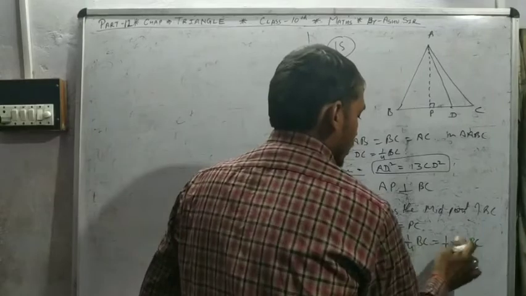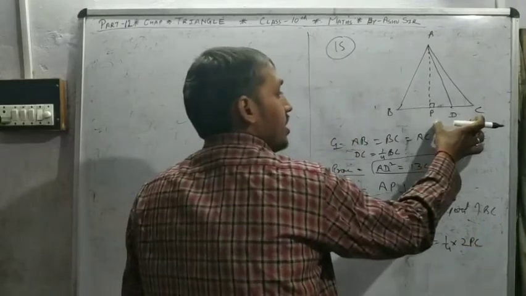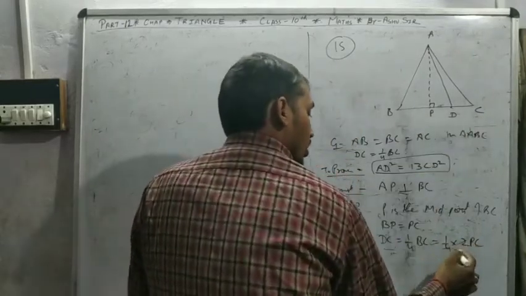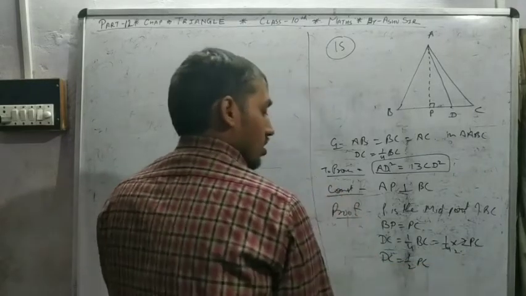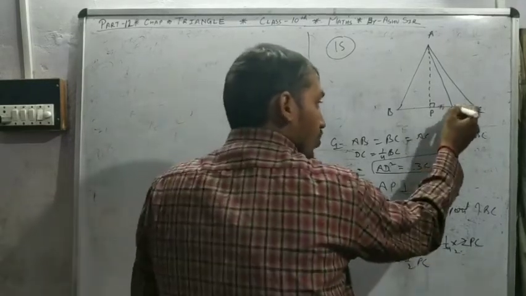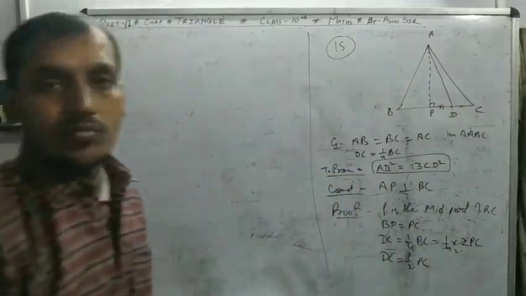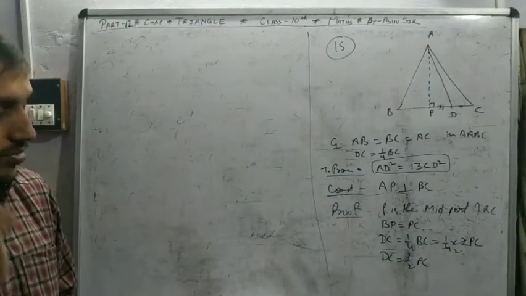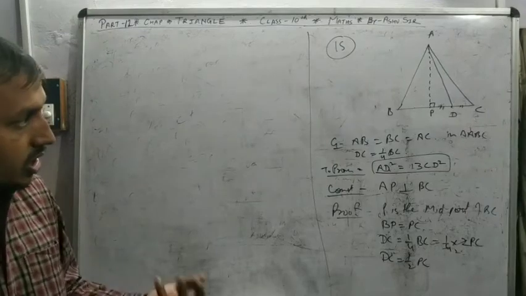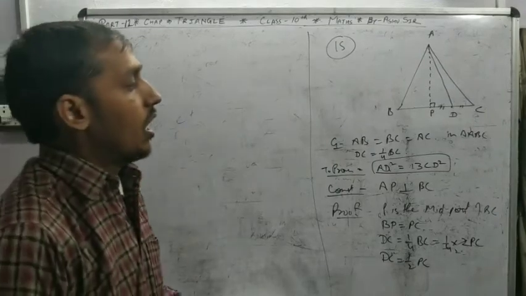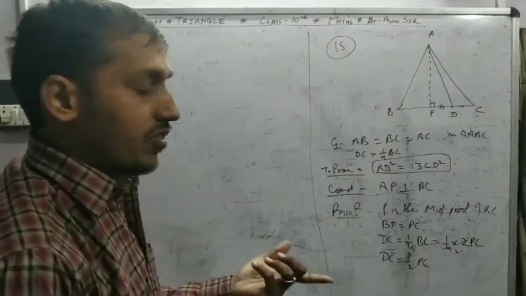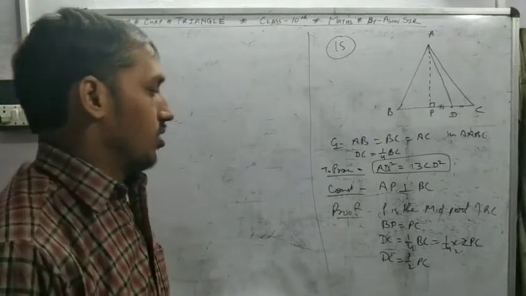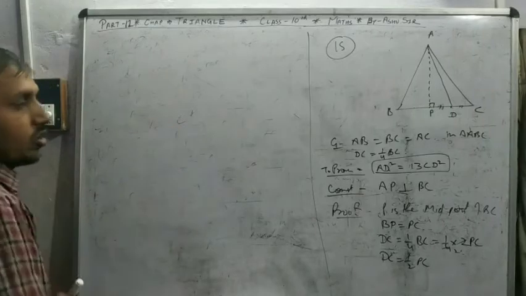Sorry, twice PC. BC is double PC. 2 cancel. So DC is the half of PC. D is also the midpoint of PC and P is the midpoint of BC. Half the half. So let's try to solve it.